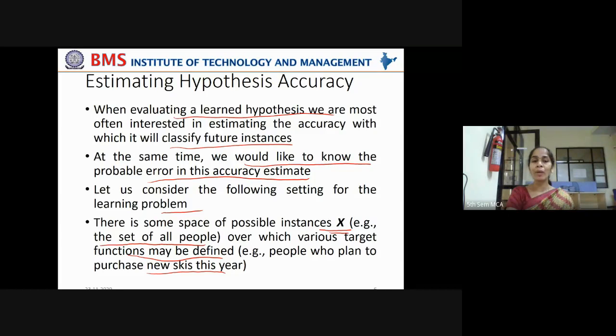Now, if they are able to predict that, then they can increase their market or increase the customer experience by offering some discount or loyalty points, like that. So there is some space, and let us consider there are some training examples provided to us over which a target function has to be learned or defined.